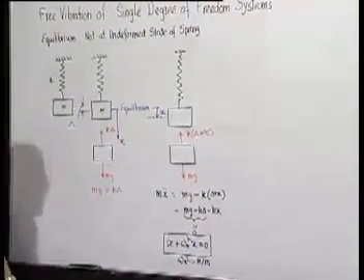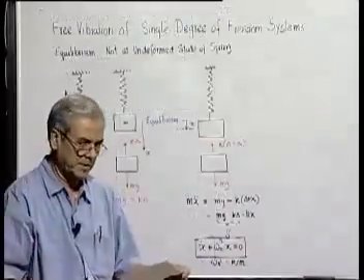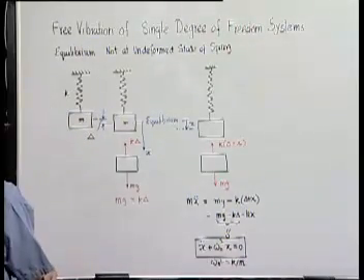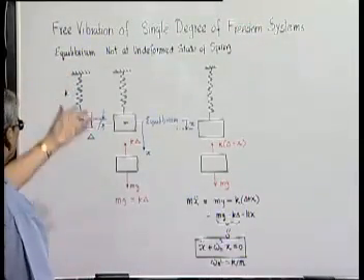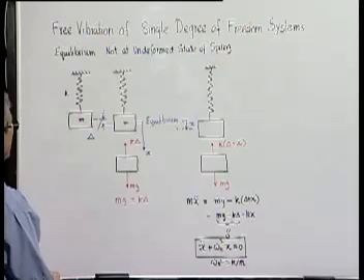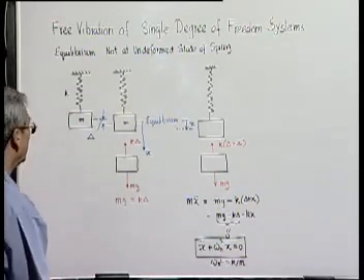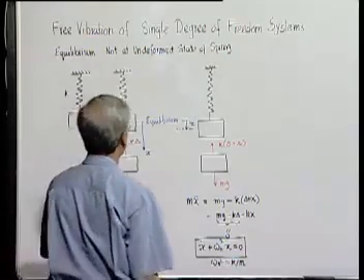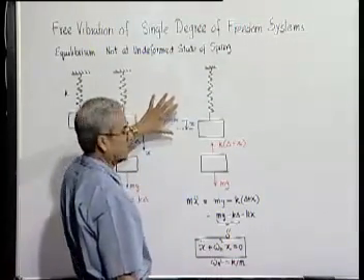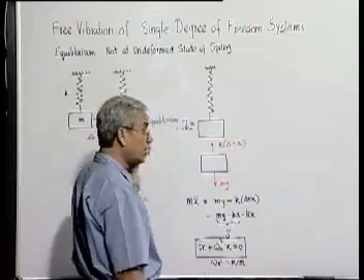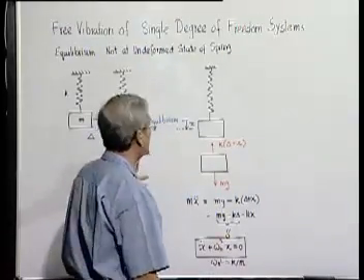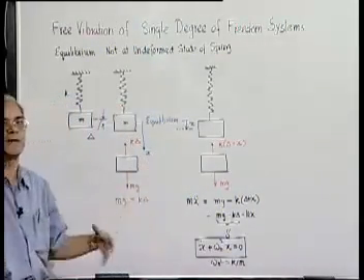So this is a very important point we should always keep in mind, that even if the system is in equilibrium under the action of the gravitational field, and we measure the displacement of the configuration or the mass from its equilibrium position, there is no need to account for the gravity at a later stage.